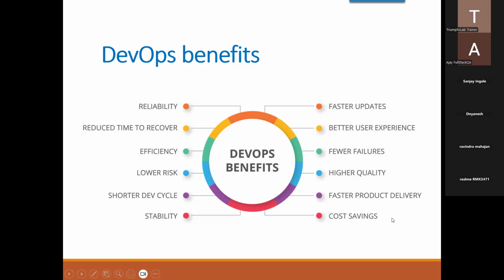So how does cost get saved? If we move from manual testing to automation testing, cost gets reduced. The same way, if you are following DevOps practices, the cost saving is huge because in automation there is no manual intervention required until and unless it has failed.